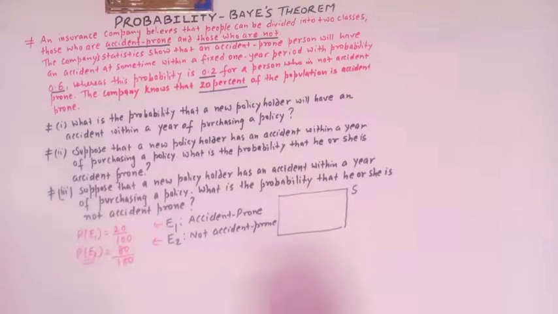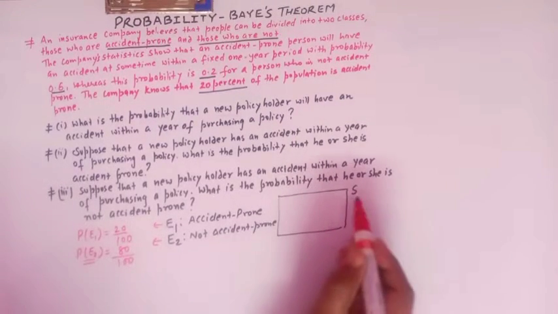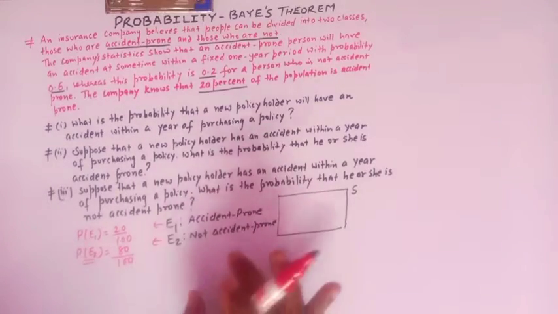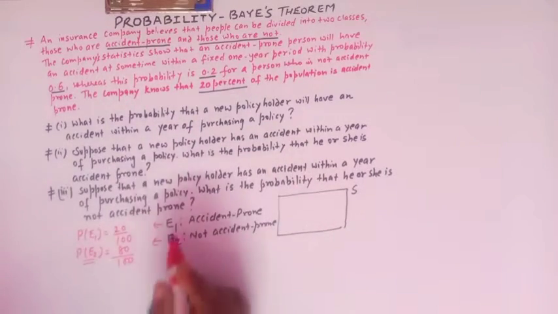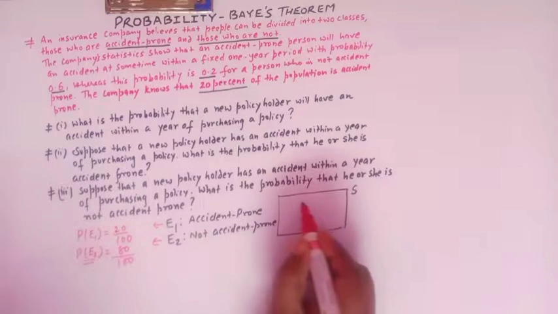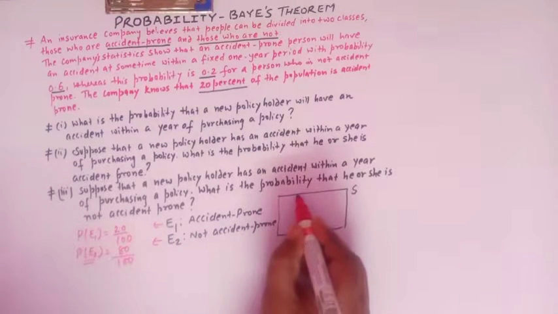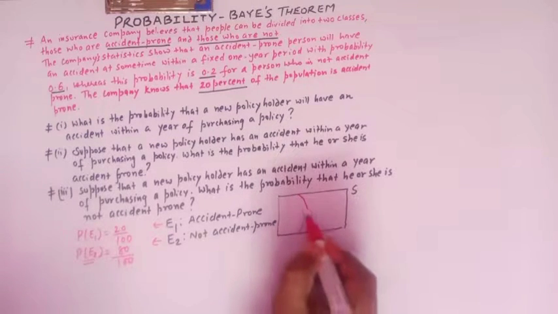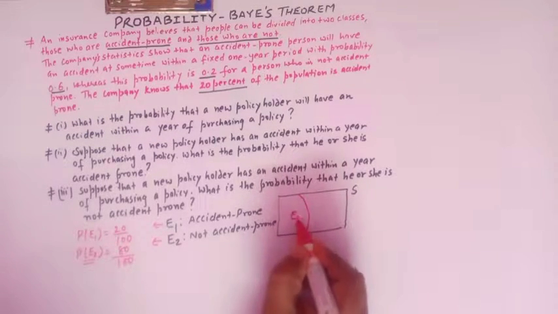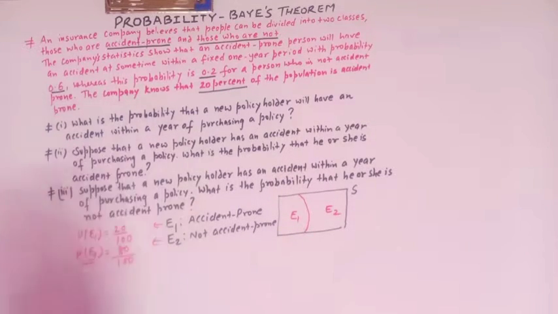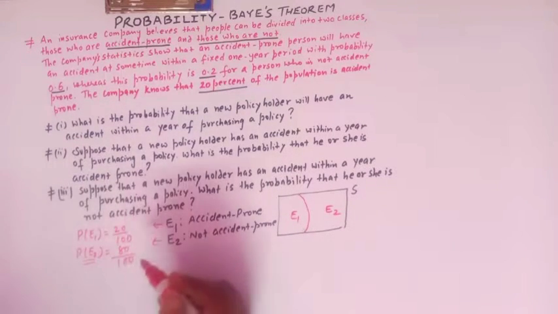So now viewers, let us take this sample space S. Here we have defined two events, E1 and E2, in the sample space. So let us take E1 as this event and E2 as this event. Okay, now let us move further.